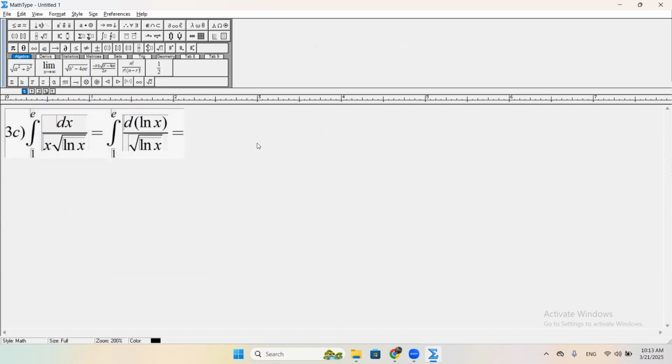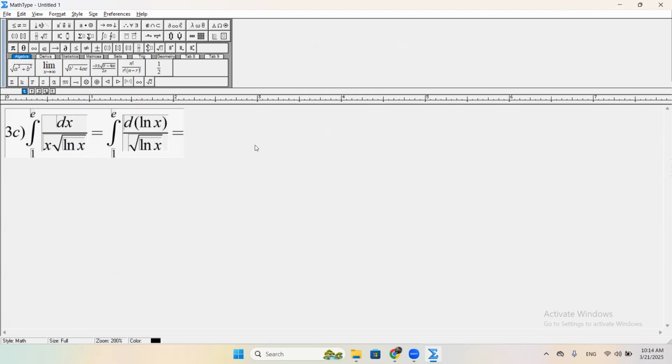Yes, the singularity point, by the way, is 1 here, because when x equals 1, we have an infinite expression. For others, there are no more singularity points.